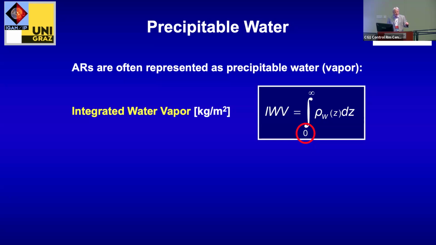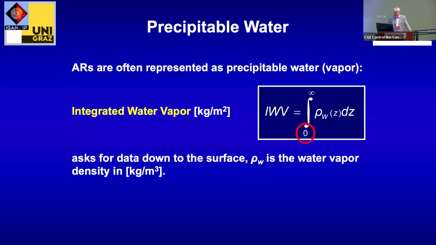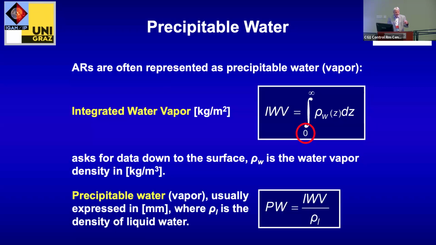So we have to expect that we miss some of the integrated water vapor. If we divide this by the density of liquid water, we get precipitable water, which is given in millimeters. Maps are shown either in kilograms per square meter or in millimeters.